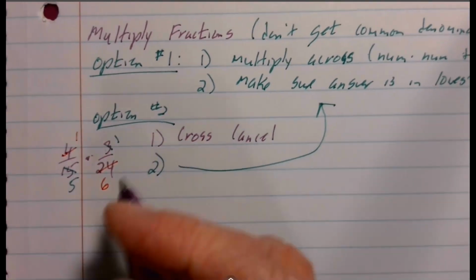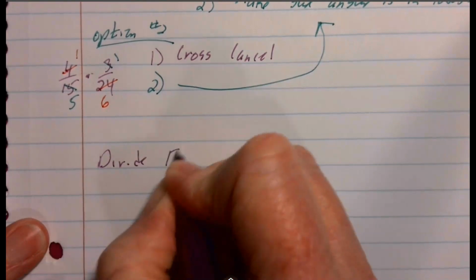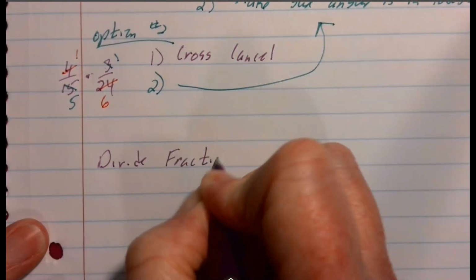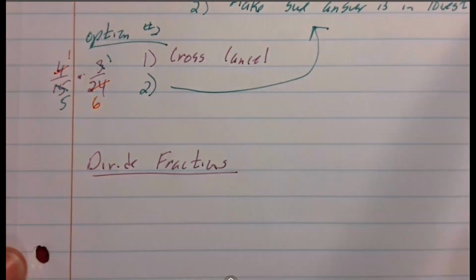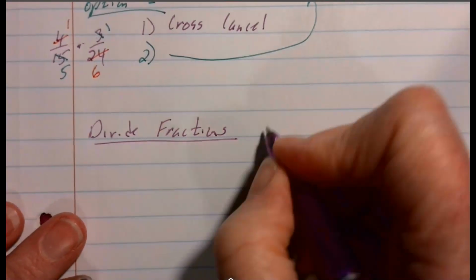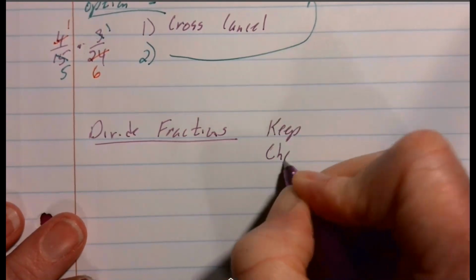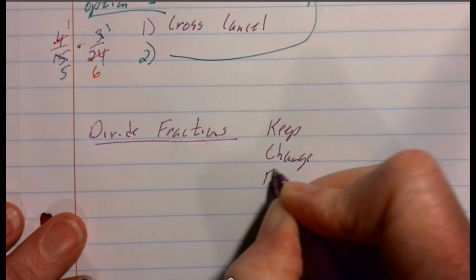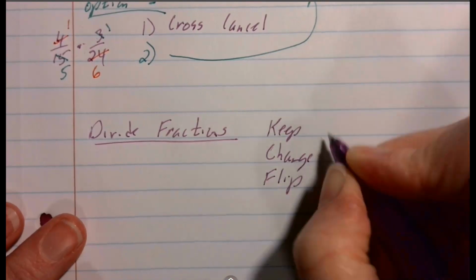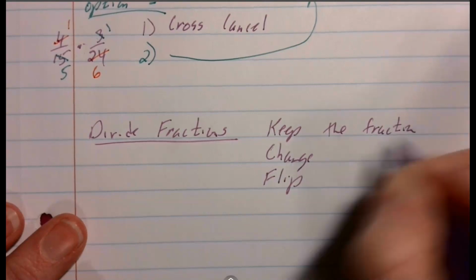To divide fractions. And again, if I'm going too fast, just pause. Okay? Until you have it written down. That's the beauty of a video. You can just pause and write it down. To divide fractions, here's what you're going to want to keep in mind. Keep, change, flip. Okay? Keep the first fraction as it is.